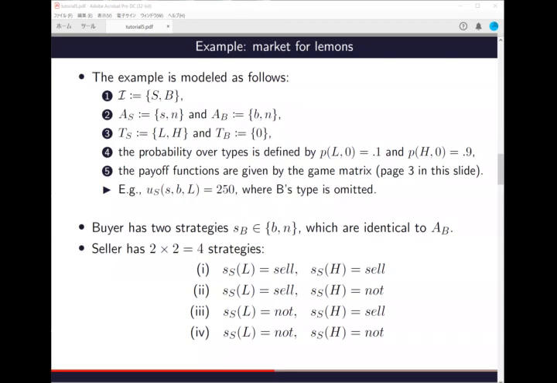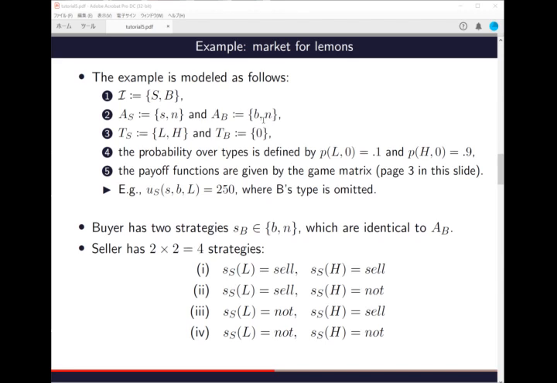The problem of Lemons Market is formulated as follows. There are two players, a seller and a buyer, denoted by capital S and capital B. The set of actions that the seller can take consists of sell and do not sell. The set of actions that the buyer can take consists of buy and do not buy.